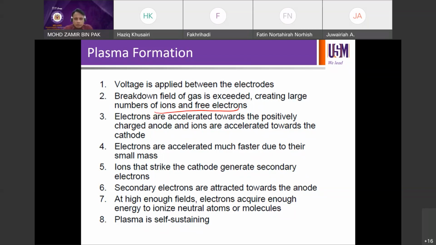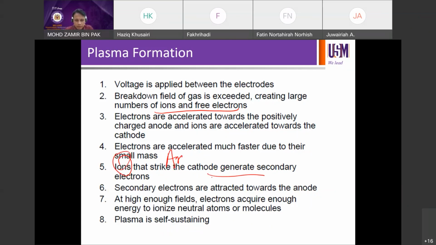And then during the acceleration to the opposite polarities, electrons will be scattered. Electrons are accelerated much faster due to the small mass. Ions that strike the cathode generate secondary electrons, right? So you have your cathode, and then the ion Ar+.